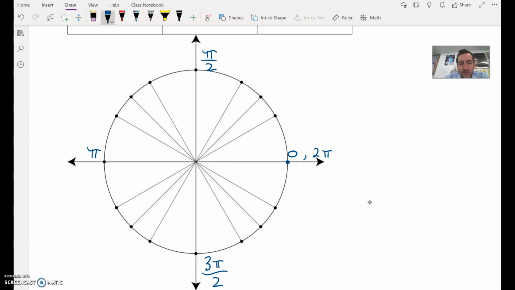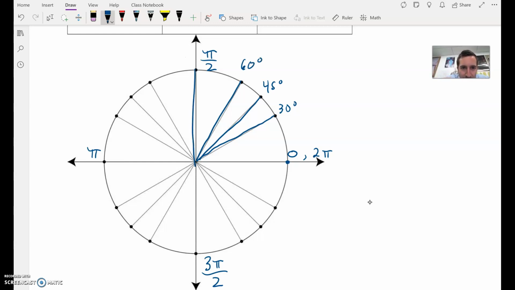So, what was the pattern? We looked at radians a little bit. Let's make our way around the circle. This is 30 degrees. That's the degrees. This is 45 degrees. This is 60 degrees.